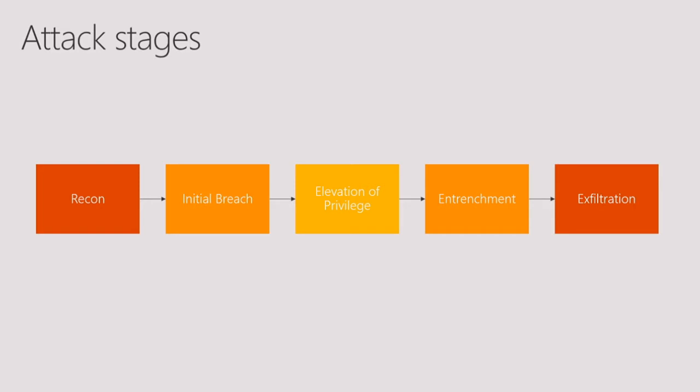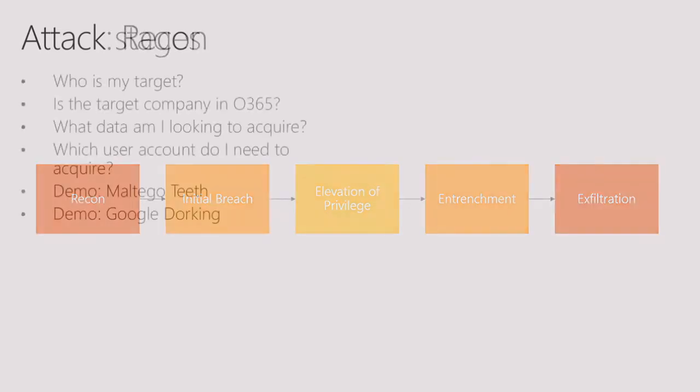Then they figure out how to maintain access to your environment through a remediation, like rolling a password, and then they try to steal data. Sometimes entrenchment is the final goal because they're not sure what they want to steal, but they want the ability to steal something in the future. Entrenchment often leads to breaches of other systems. If you have isolation boundaries, elevation of privilege can be used to do more recon. So it's not strictly linear, but these are the broad categories of kill chain activities that happen.